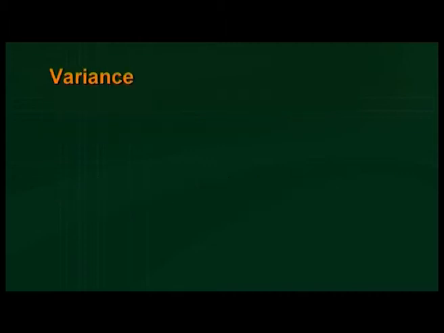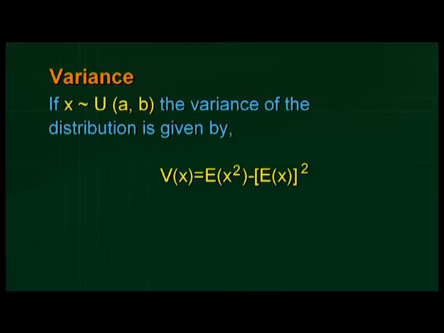Now let us find variance of the distribution. If x follows uniform a, b, then the variance of the distribution is given by V of x is equal to expectation of x square minus expectation of x the whole square.